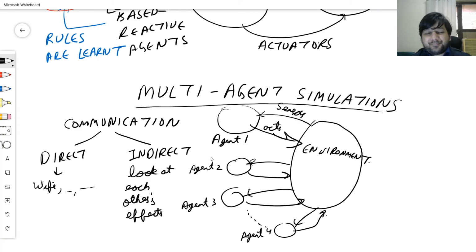So, direct communication: if I ask two of you to do the first assignment given to you, you have a phone call, you've got emails, so you can say, okay, I'll program this module, you program that module, we'll exchange it. These days there are so many tools, and you communicate with each other and come up with a solution.